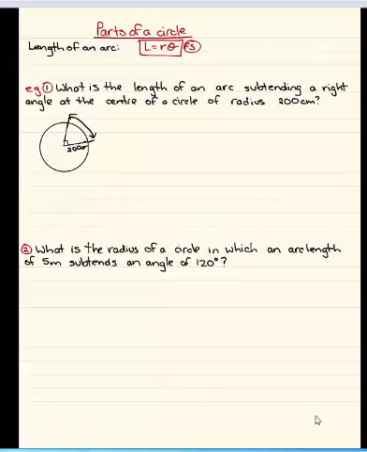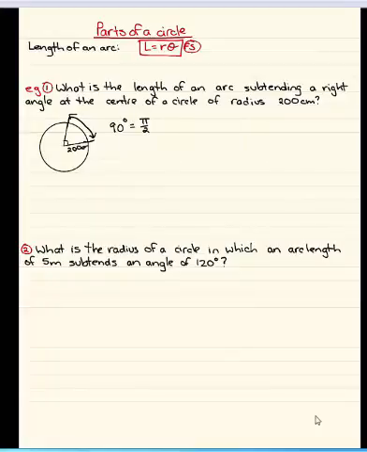Okay, so what you do is you take your formula, which is on your formula sheet, and it's the radius times the angle, but your angle has to be in radians. So if it's a right angle, 90 degrees is equal to pi over 2 radians. Okay, so that's the first thing.